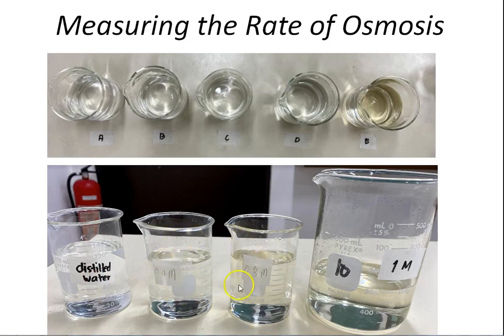Sac 3, we will place 10 ml of 0.8 mole sucrose solution. And then for sac 4, we will place 1 mole sucrose solution. And then for the 5th sac, we will place 10 ml of distilled water.